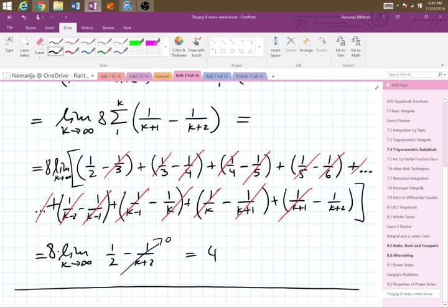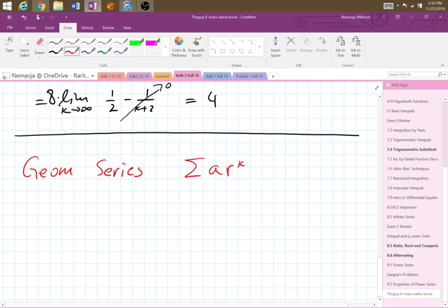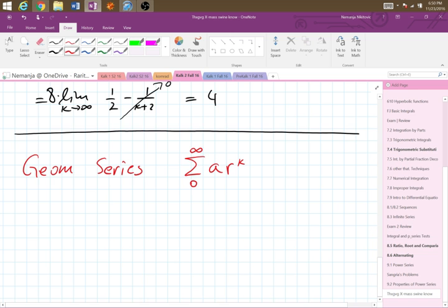The next problem is shifting the counter in geometric series. Geometric series look like this: the sum of A R to the k, where k starts at 0 and goes to infinity.